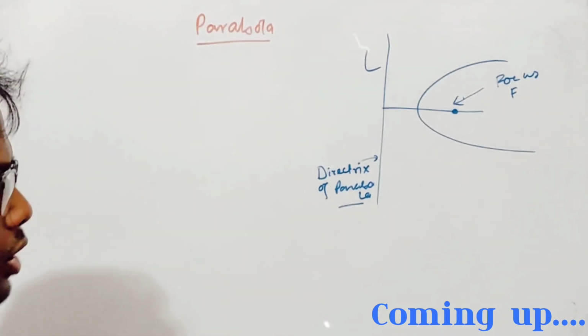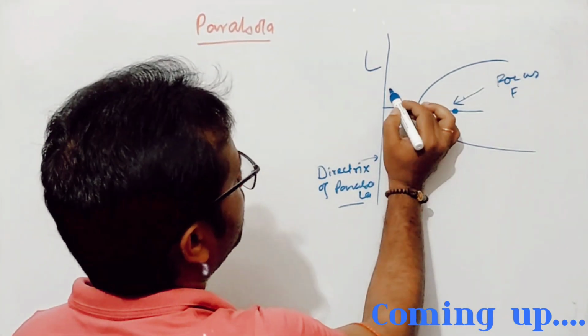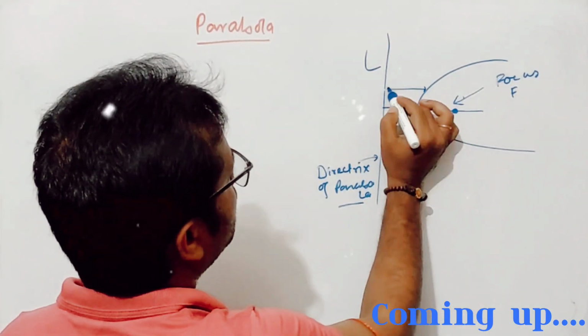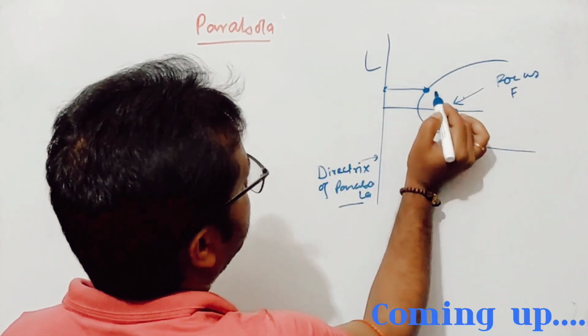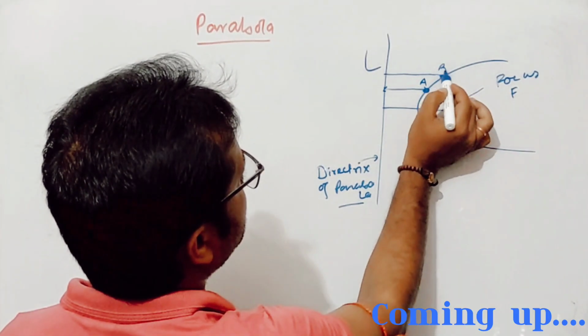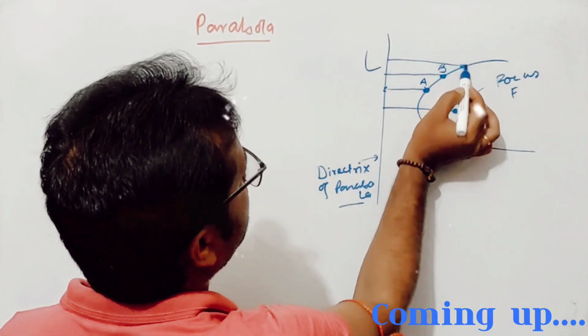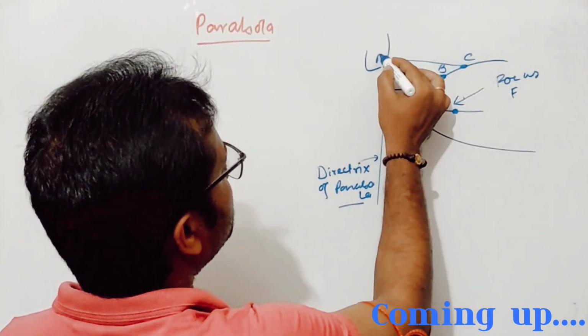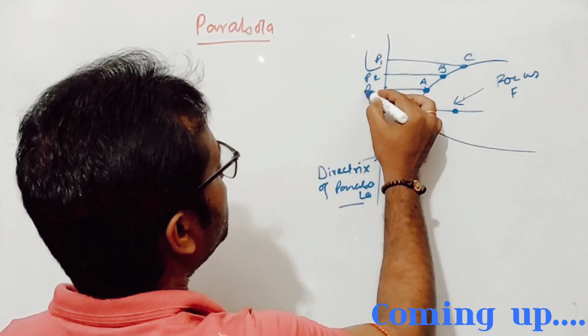Clear? So here one thing you must know: let this be a point, this is A, this is B, and this is a point C, and here the distances are P1, P2, P3.